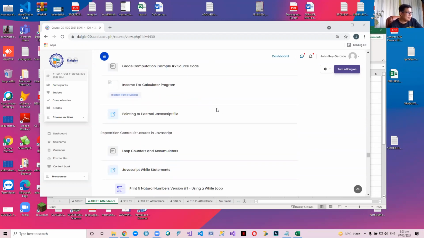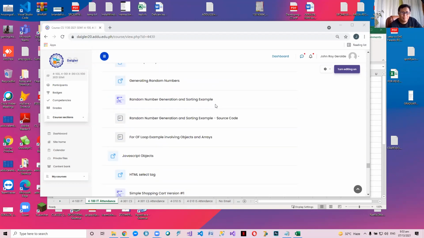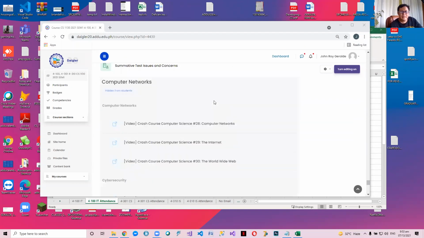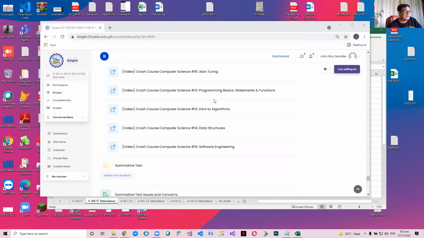The performance test is an actual program which you will write in JavaScript, okay? And the online test is a quiz, no? Composed of about all topics, about a 100-item test each you will take. Now, the performance test and the online test combined together will compose your final grade.